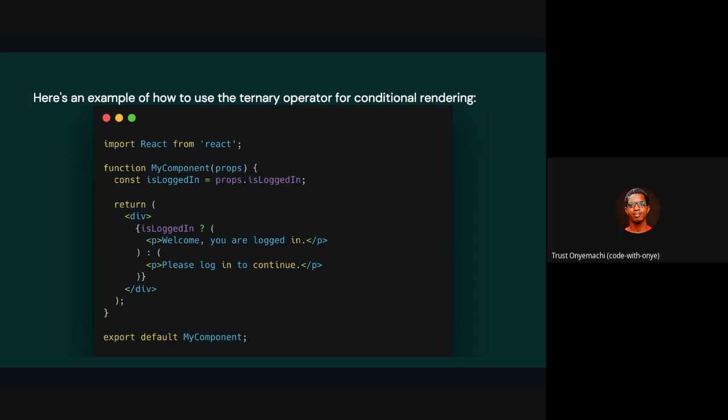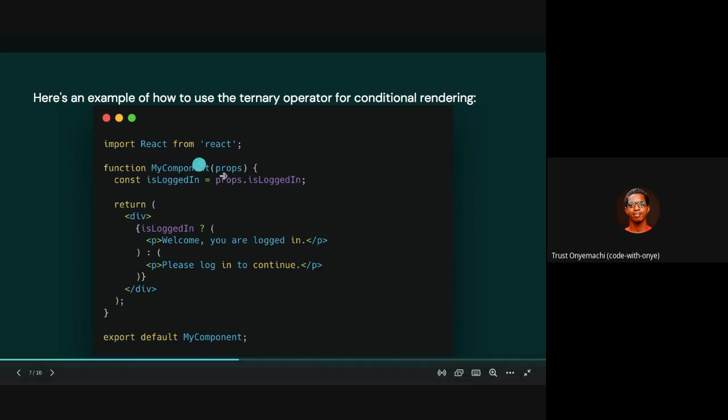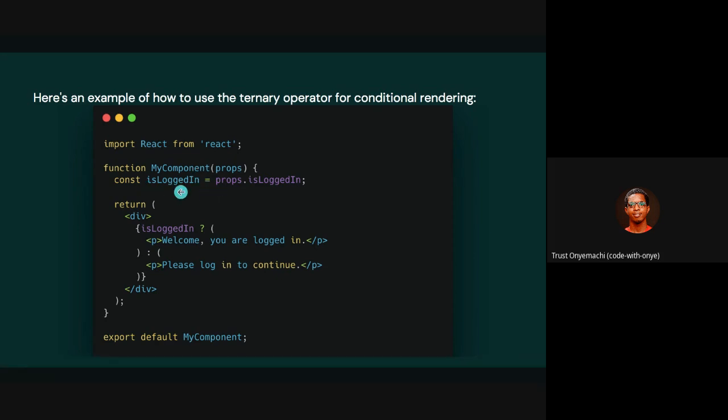As usual, you create your function, MyComponent, and const isLoggedIn, a prop. Then a div, which checks whether the person is logged in or not using the ternary operator. If you look at the logic here, if the person is logged in, it shows "Welcome, you are logged in."